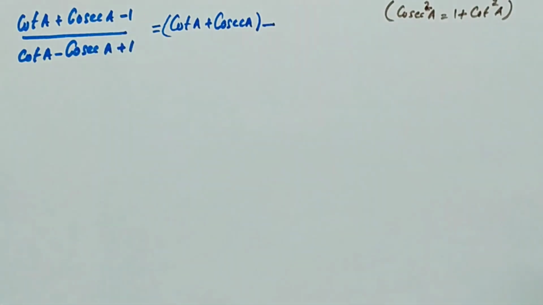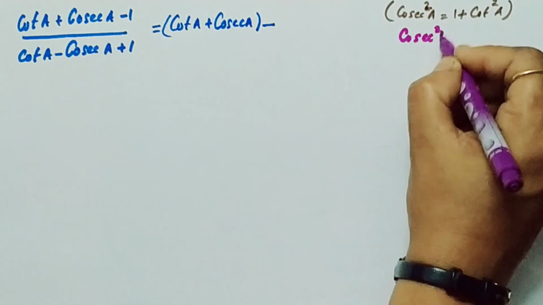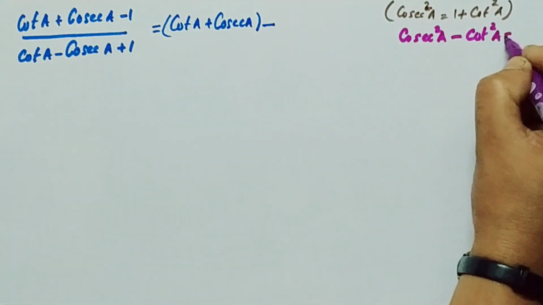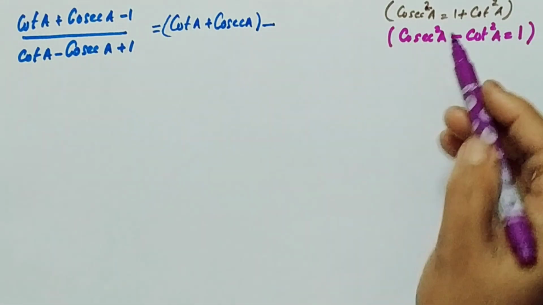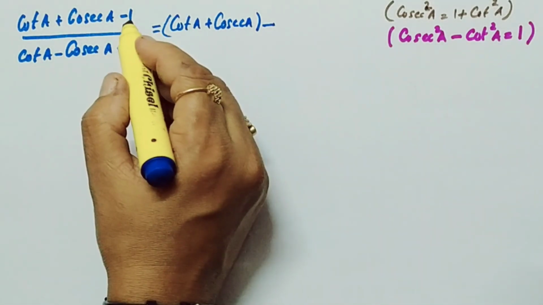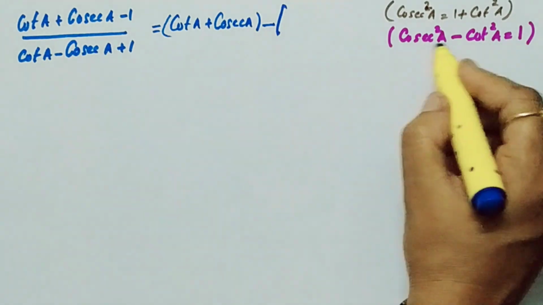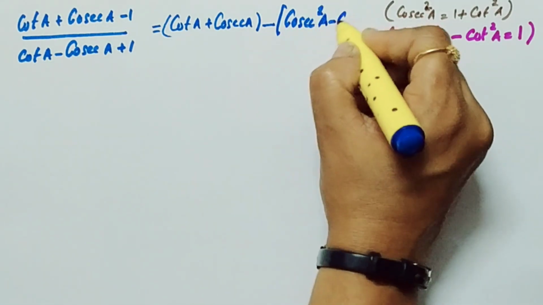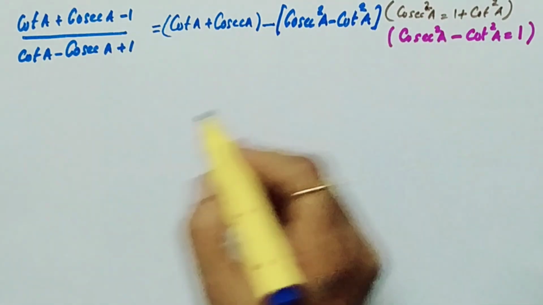This 1 can be replaced as cosec square A minus cot square A. This identity is known for you, the square relation connecting cosec and cot. So this minus 1, 1 can be replaced with cosec square A minus cot square A. I replace this 1 with cosec square A minus cot square A.